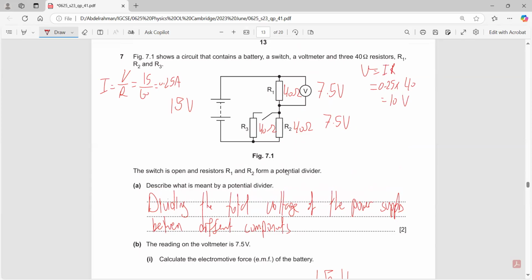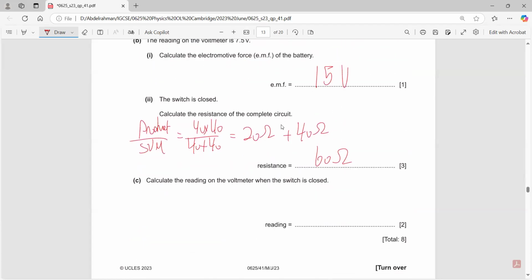Or you can use another way, which is using the potential divider. What do I mean by the potential divider? The potential divider basically states that the voltage is divided using a ratio. If the total voltage was 15 volts and the total resistance was 60 ohms, the resistance of this specific resistor is 40 ohms.